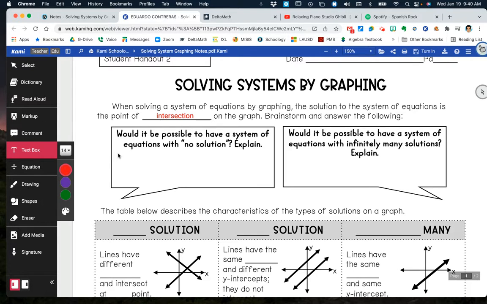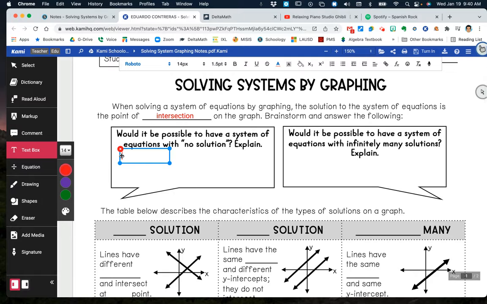So let's go over here and type something up. So let's say yes to the question and explain. Okay. So we could say if the two lines are parallel, then they will not meet, touch, intersect.